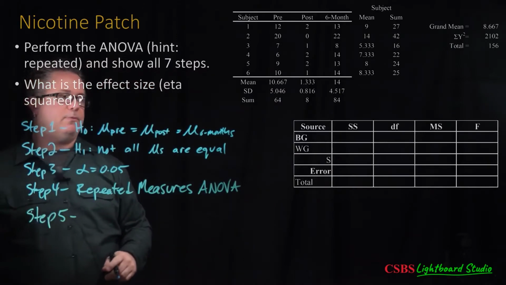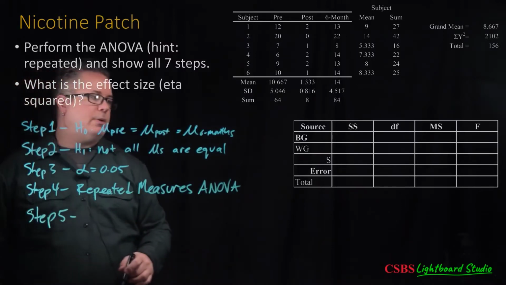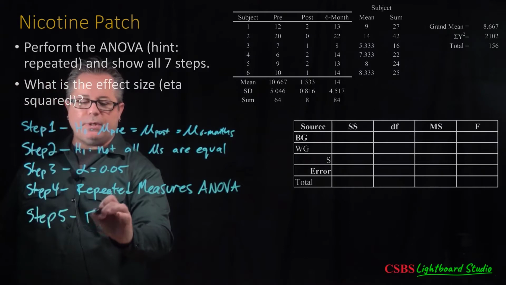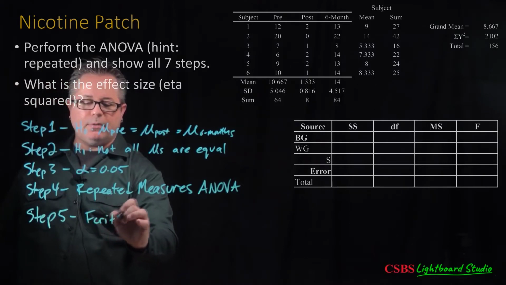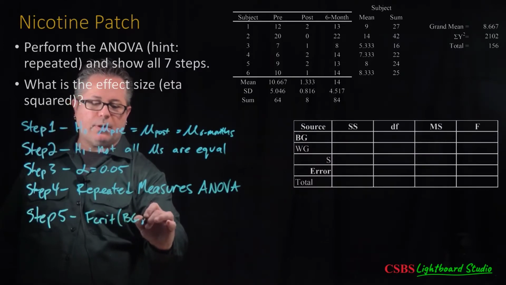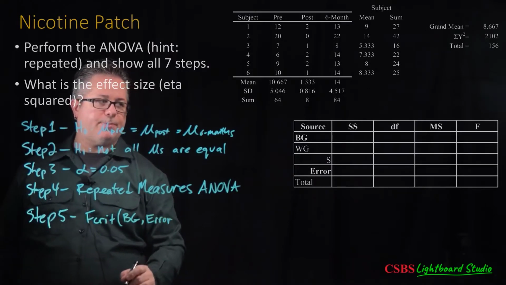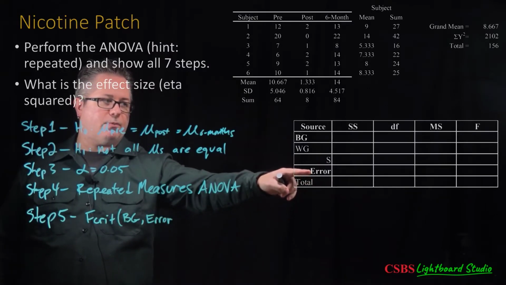We need to figure out degrees of freedom, and we need to figure out our critical values. Okay, so for this, our F crit for repeated measures is going to be the degrees of freedom for our between groups and our error degrees of freedom, not our within groups, but our error, this one.